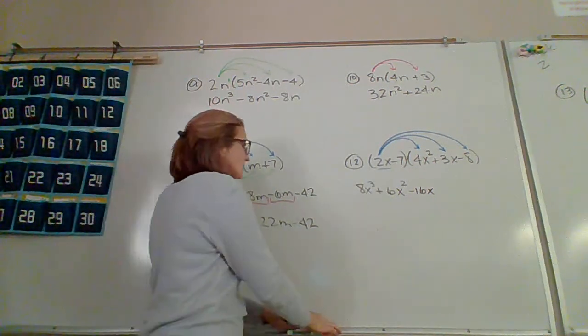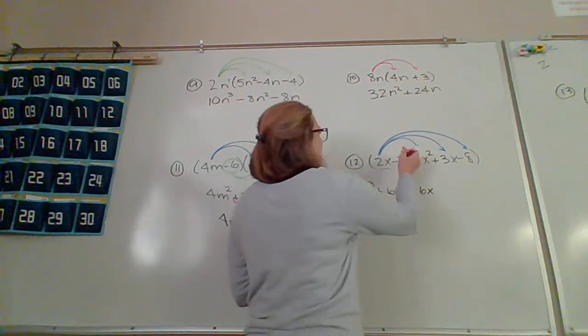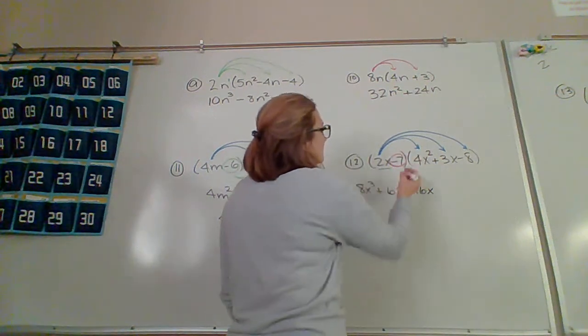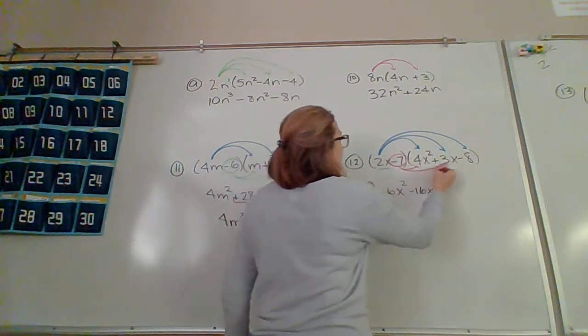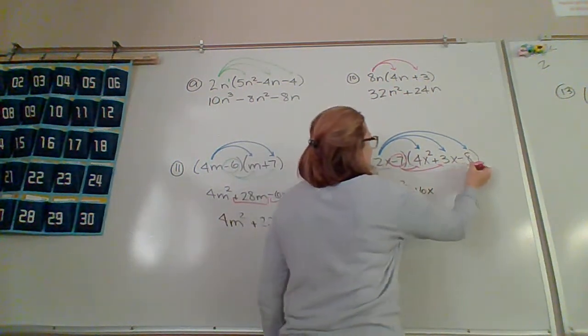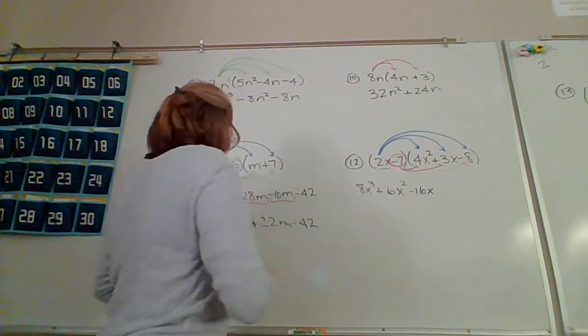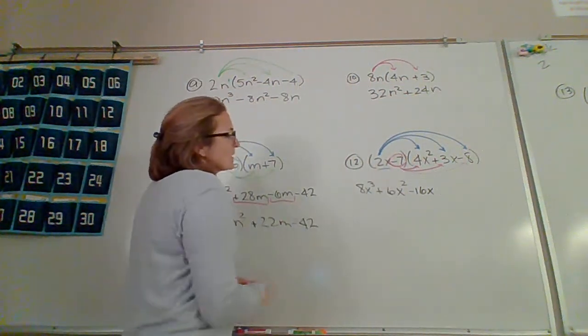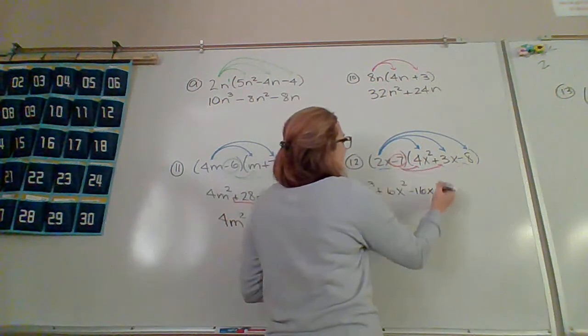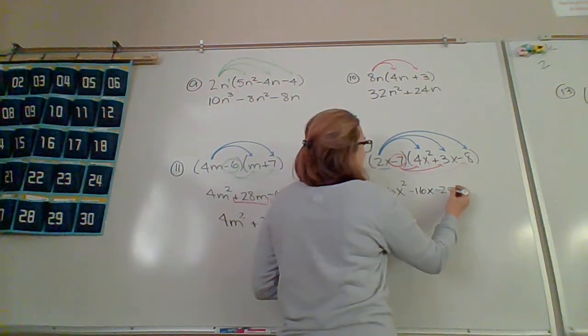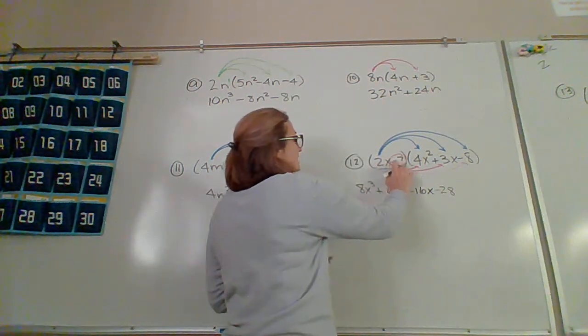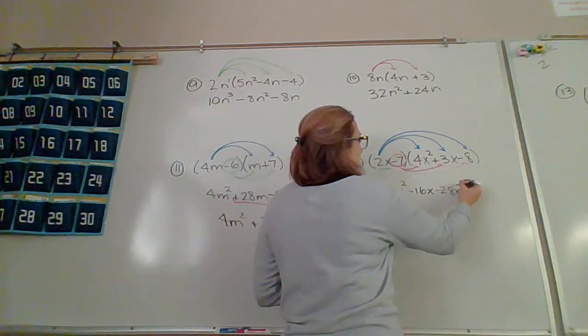And now we have to move on to negative 7. Remember that negative is part of the 7. So multiply by that negative 7 all the way into that second parentheses. Okay, so we have negative 7 times 4. And notice 7 doesn't have an x, so we just keep the x squared.